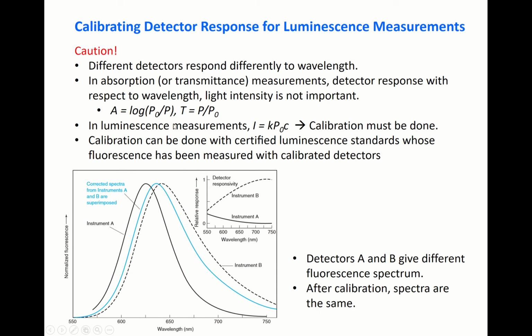But in luminescence measurement, the story is quite different, because the luminescence intensity is directly proportional to the concentration and also to the incoming light intensity. So the detector response quite severely affects the spectrum.